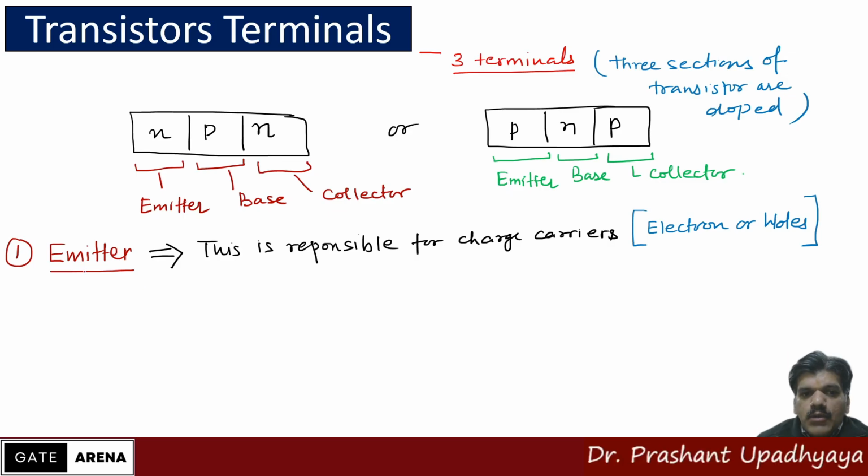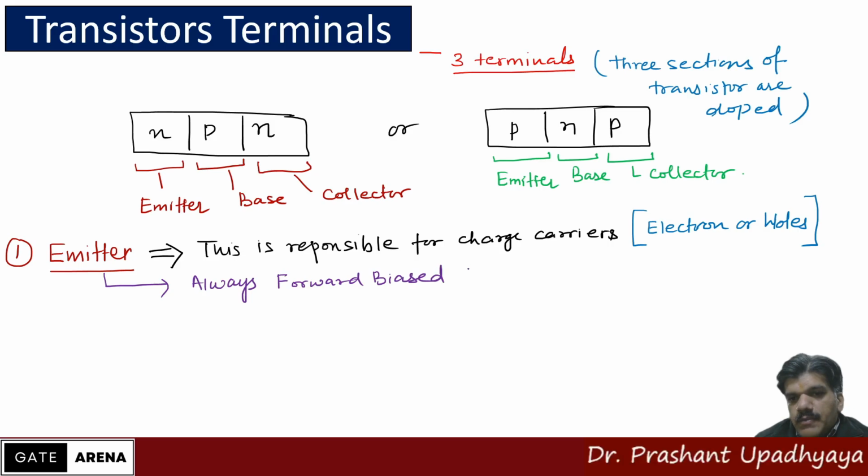Another important thing about this emitter is that it is always forward biased with respect to the base. I will highlight this because it is a very important property.